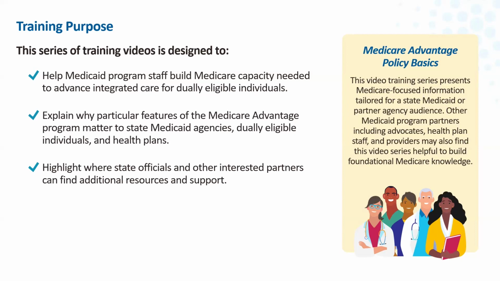State Medicaid agencies focused in this area are increasingly using state contracts with dual eligible special needs plans, or DSNPs, to advance related goals. For state officials either actively working with DSNPs to advance integration or just beginning to consider how best to contract with DSNPs, it is essential to understand how the federal Medicare Advantage program works.